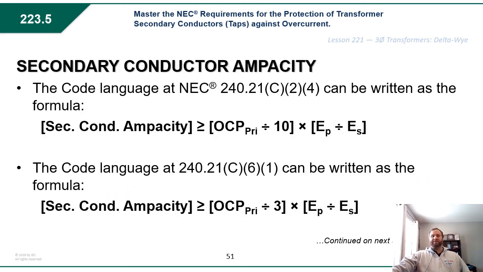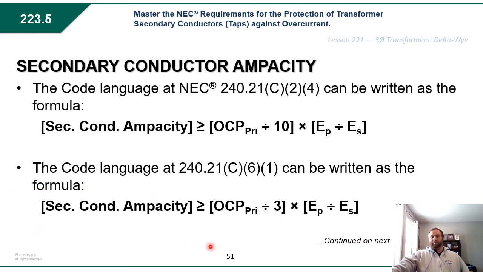And to take what they say in those codes and put it into just a mathematical formula, if I have a 10-foot secondary conductor, its minimum ampacity would be calculated using this formula. If I have a 25-foot or less transformer secondary conductor, its minimum ampacity would be calculated using this formula.